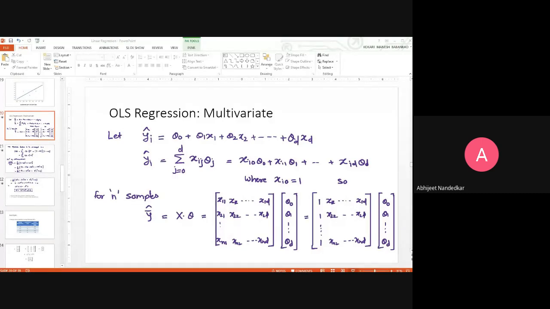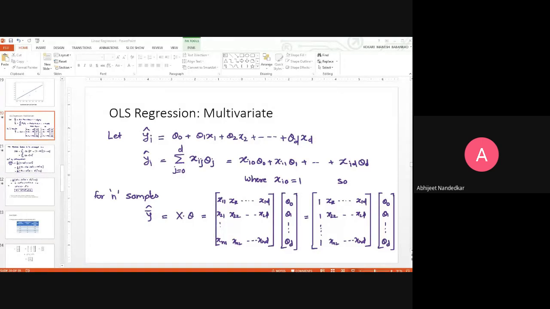This function f, I assume, is a plain, simple linear thing. So I assume that my estimation model is of this form. Is this clear? So my estimation model is of a linear form.